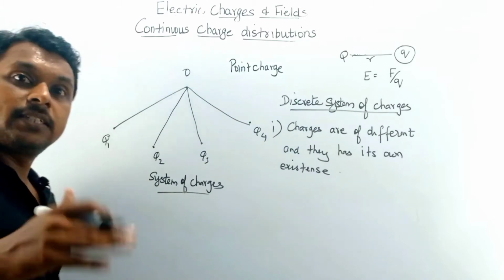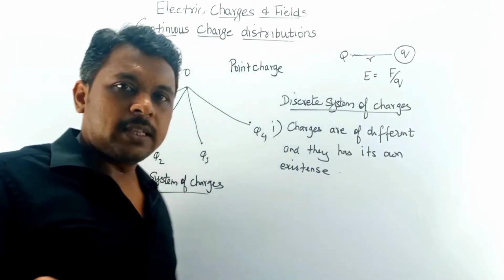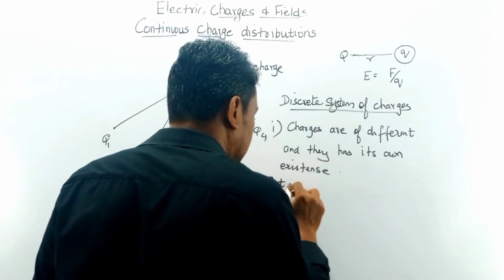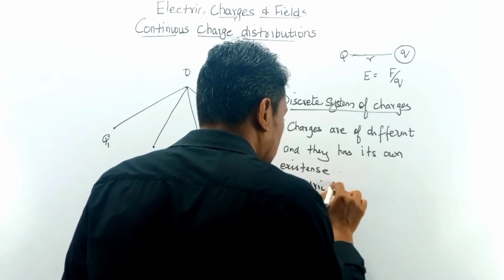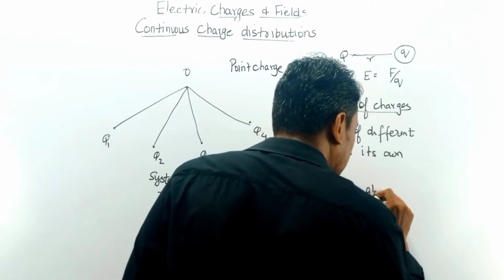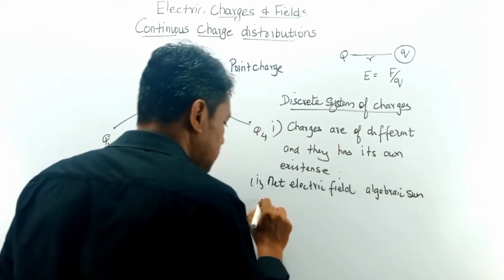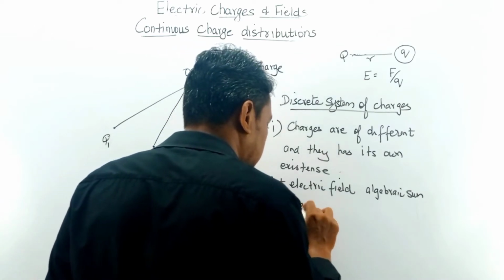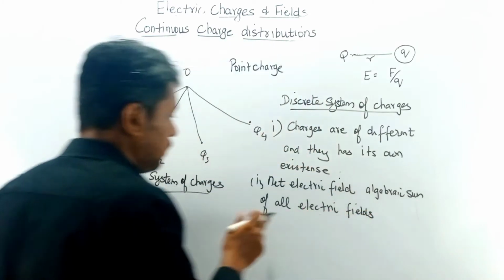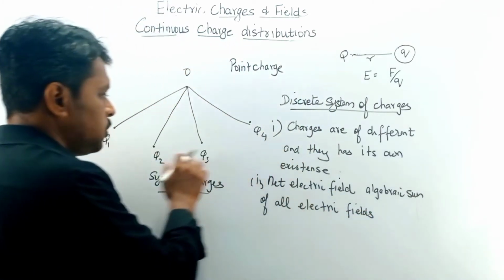In the case of a discrete system of charges, finding the net electric field is very easy. It is nothing but the sum of all the electric fields due to the individual charges.